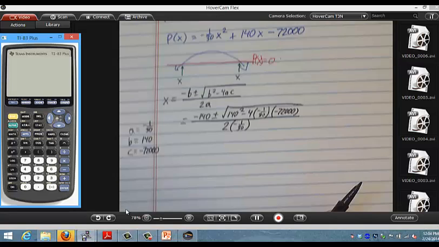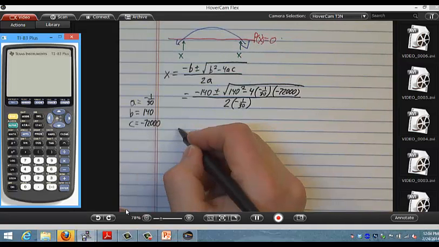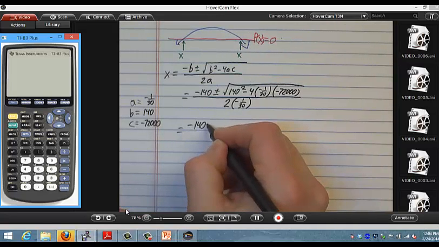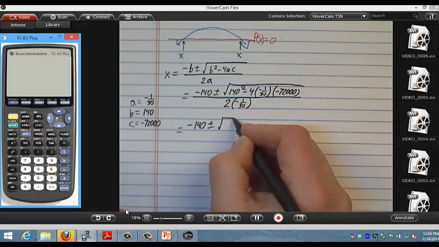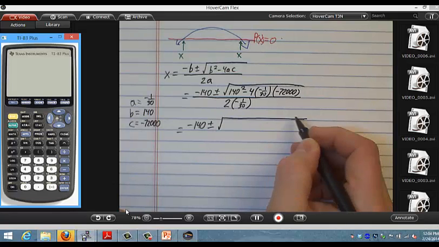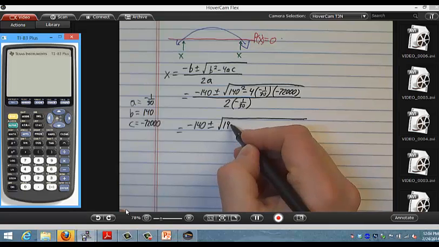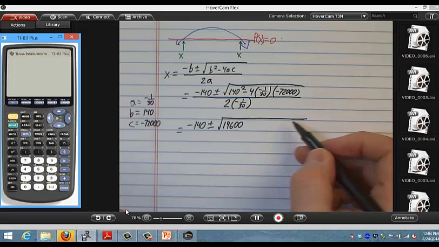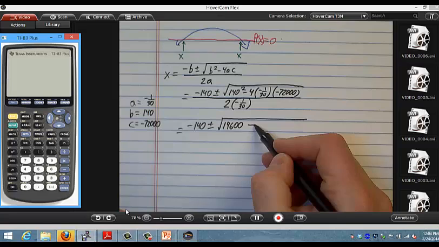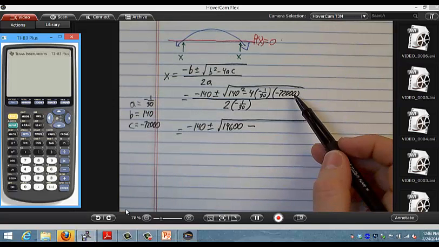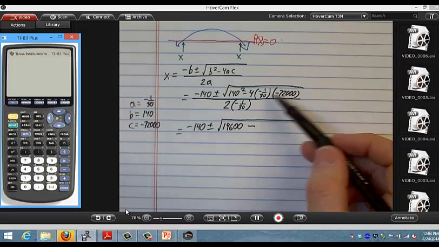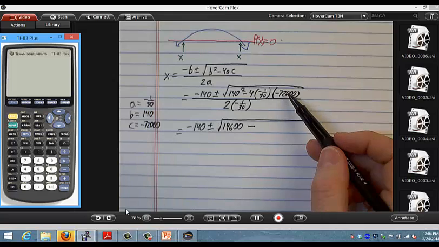Right? So let's see what happens. We get negative 140 plus or minus, so I need 140 squared. Nice job, 19,600. And then minus, and then let's see, 7,200 over 3 would be, what do we got? 2,400 times 4.